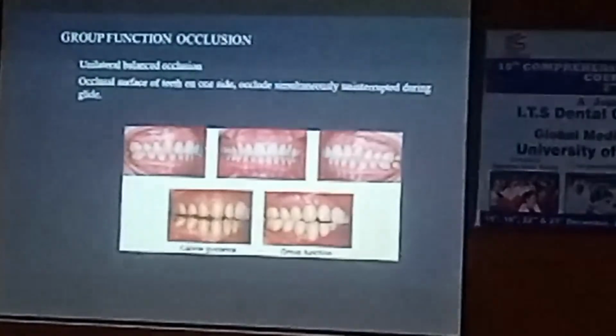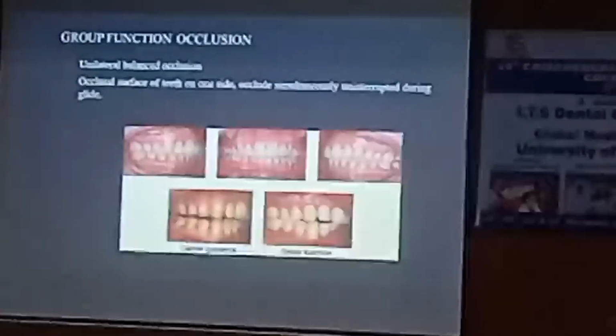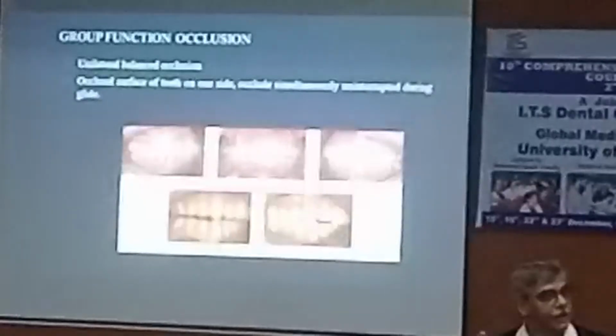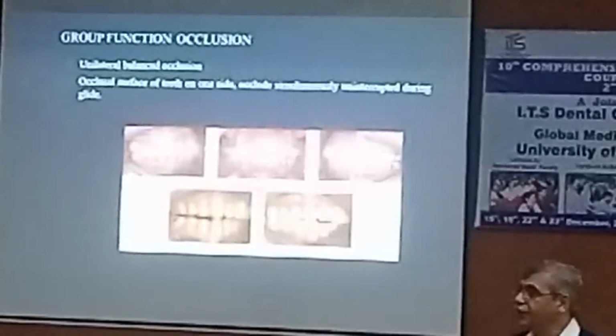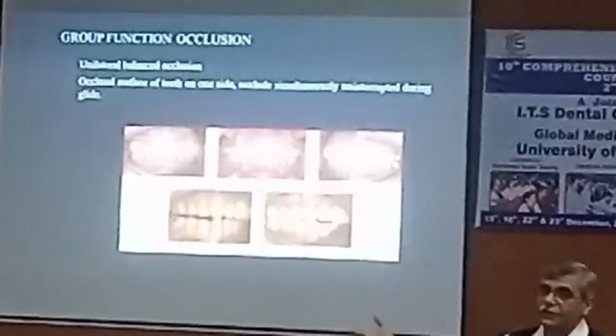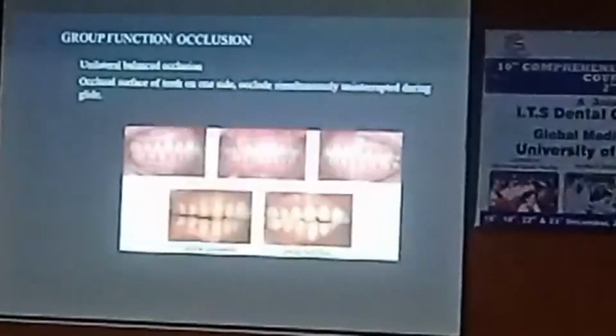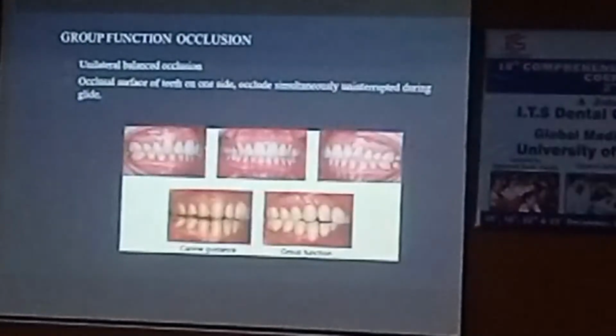If you are ever replacing a canine with an implant, remember, never do canine protected occlusion. Correct? Because as I told you, natural teeth have a long root. Your implant will not have one thing. The pericemental area will be long. Proprioception will be there. Resiliency will be there. So don't say, because the patient had canine protected occlusion on the opposite side, this side also I am replacing a canine and I am going to give a canine protected occlusion.